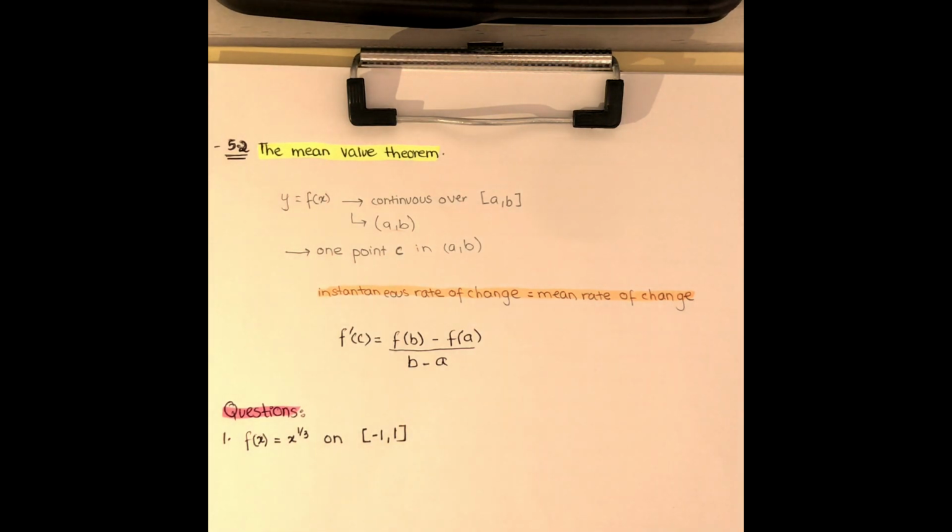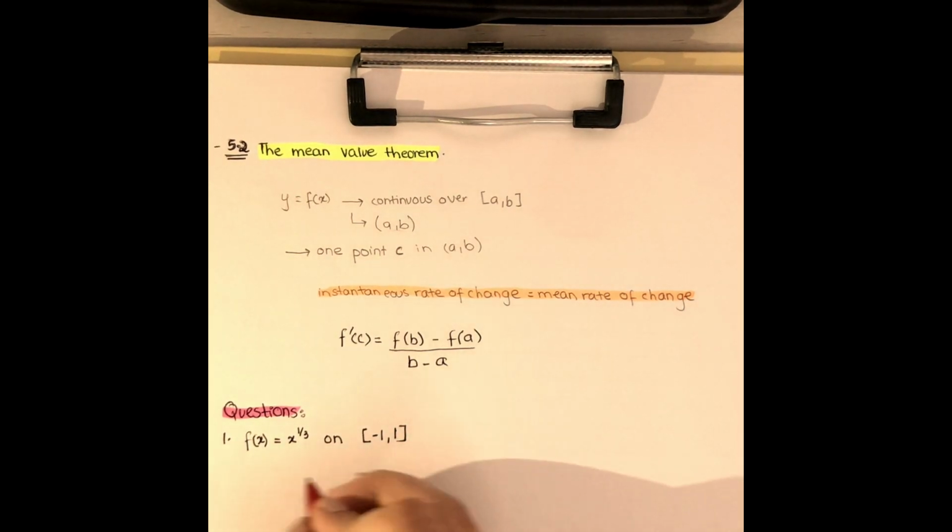To find if this function satisfies the theorem, we need to look first if the function is continuous through this interval. As we can see, f of x is a cubic root function, and such functions are continuous throughout their domain.